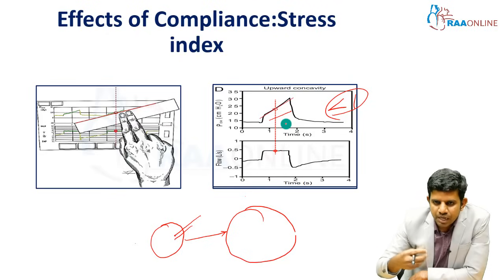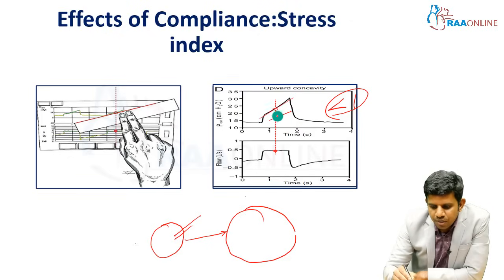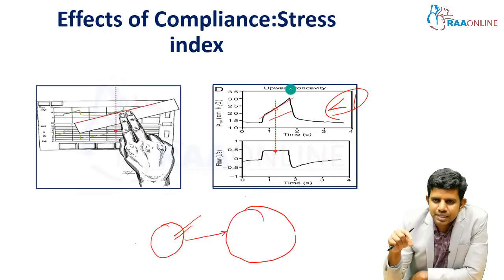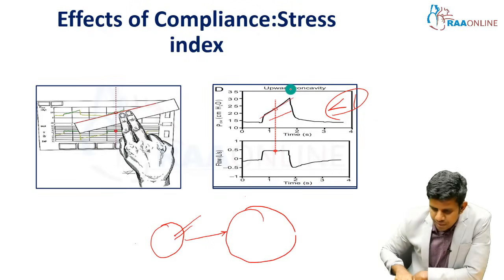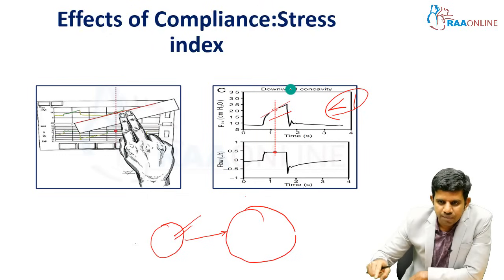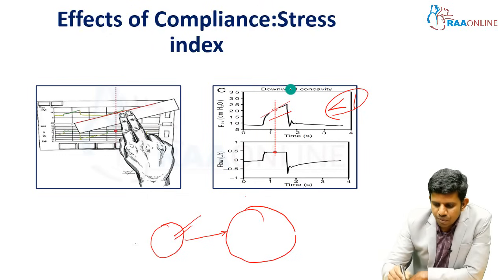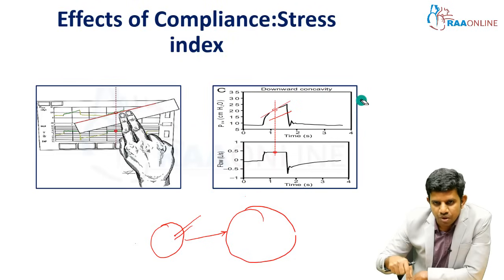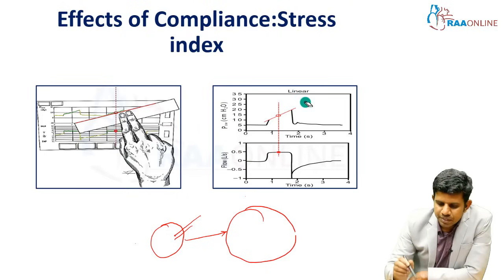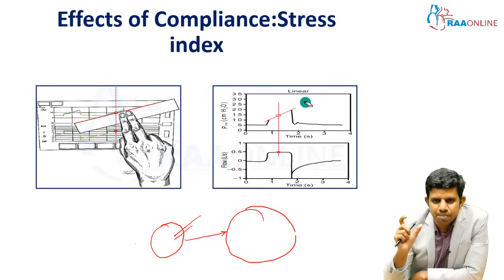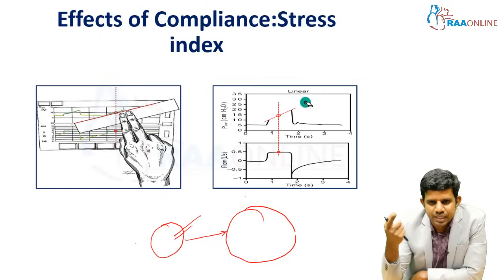During inspiration they are opening up, so there is a lot of room to increase the PEEP. If it is a downward concavity, the stress index is already more than 1, and you have to come down on your PEEP. A stress index of 1 means linear: the compliance is constant, and there is no need to increase or decrease the PEEP. So you should not confuse this.